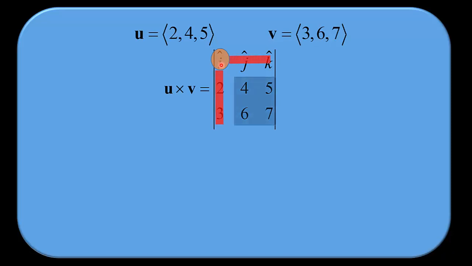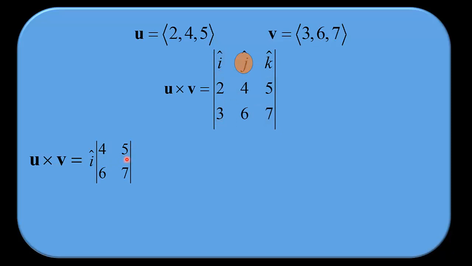And what we're left with is this little matrix here, 4, 5, 6, 7. And then what I'm going to do is take the i and put it in front of the determinant of this little bit, 4, 5, 6, 7. See? And we're going to find the determinant of this. Okay? Then I'm working my way across the top.